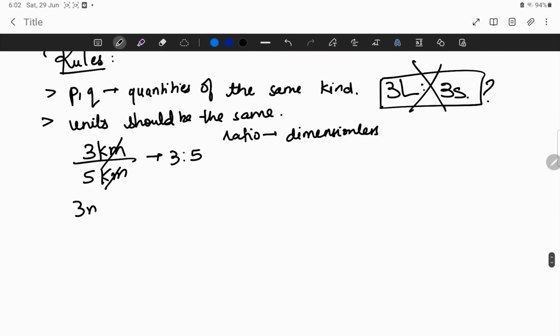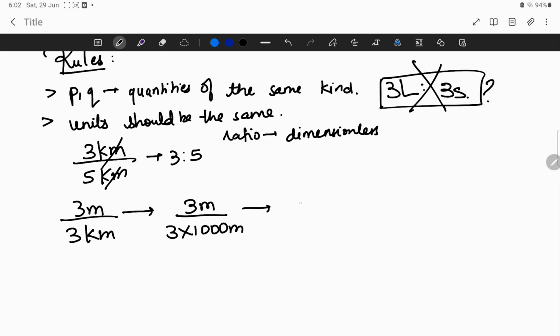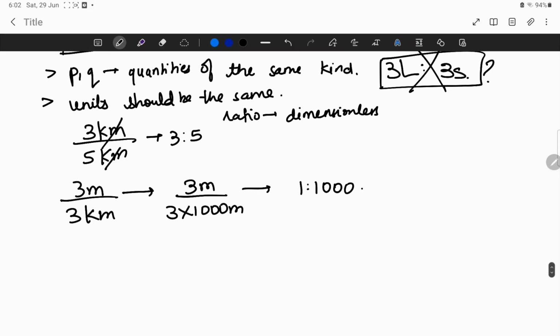If it's 3 meters upon 3 kilometers, it needs to be converted, where now it's 3 meters and 3 into 1000 meters. So your ratio is now 1 is to 1000, which is also dimensionless.